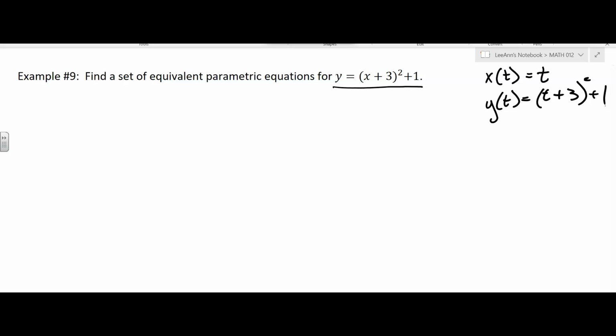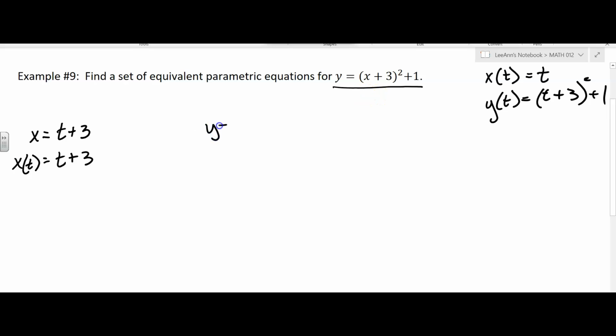Now, the book does something else. They say, well, what if we want to let x equal t plus 3? Okay, so what you're saying then for your parametric equation is x of t equals t plus 3. And then you'd have to figure out the other one.